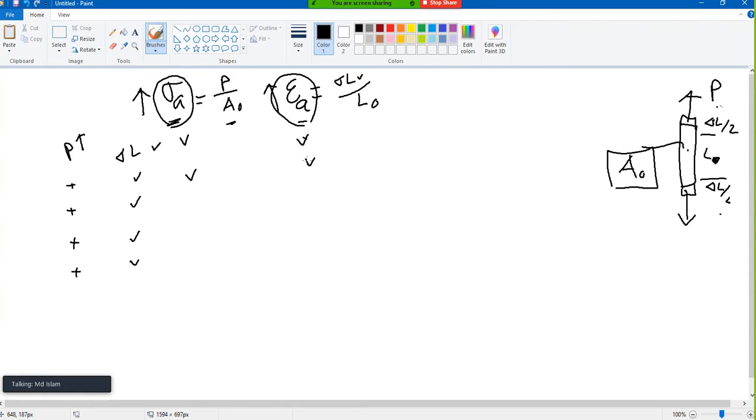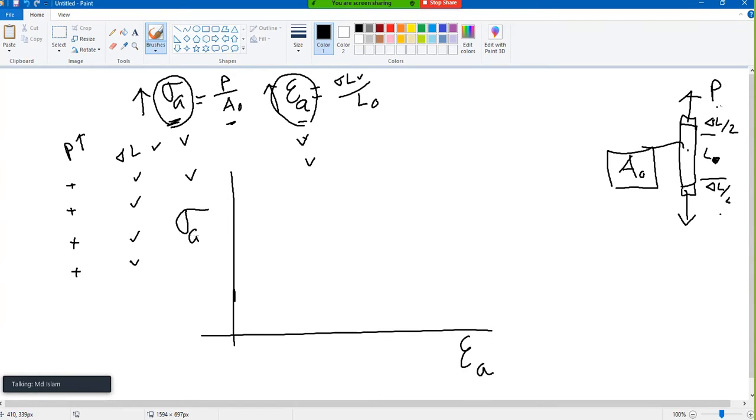So this we plot. This plot is important. This is axial stress. This is axial strain. We plot a graph.